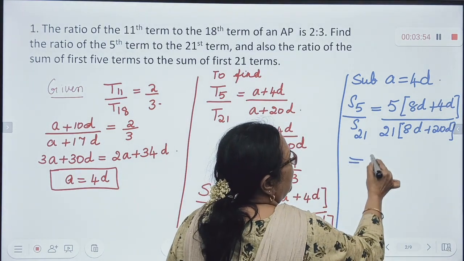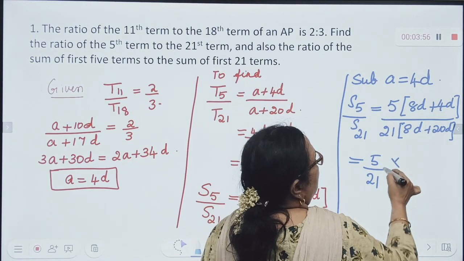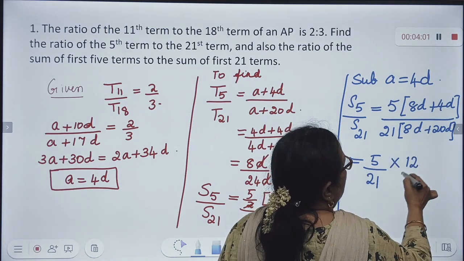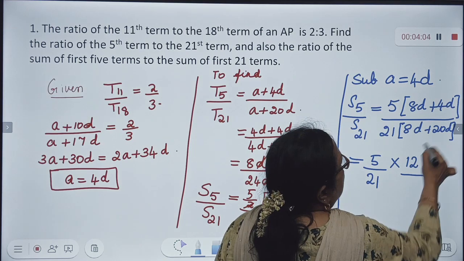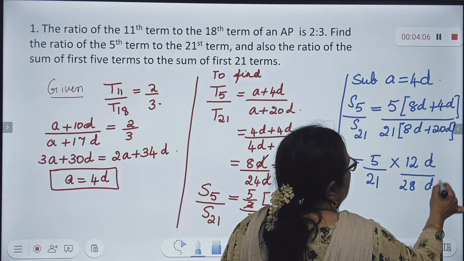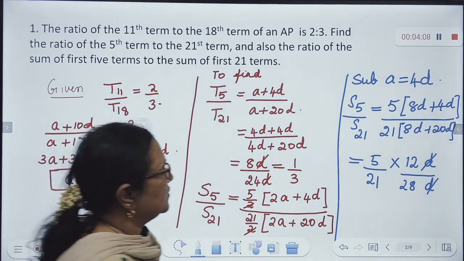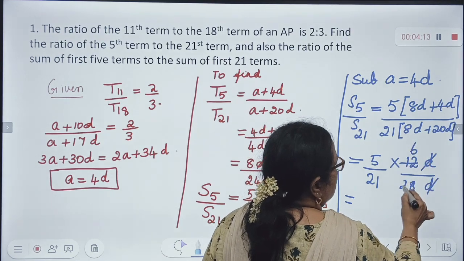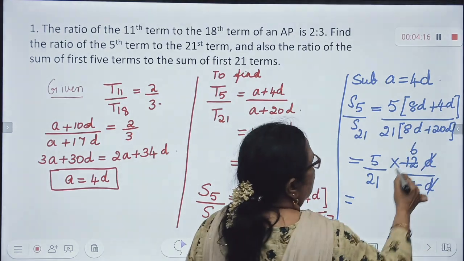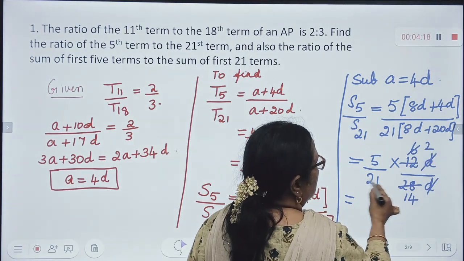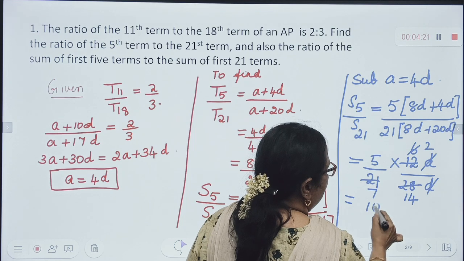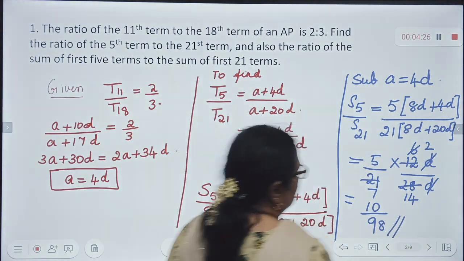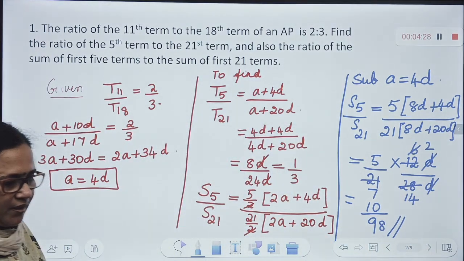So this is 5/21 into 8D plus 4D is 12D, by 28D. So D gets cancelled. Simplifying this further, 6 and 14, 2 into 7. So 10/98. So the ratio is 10/98.